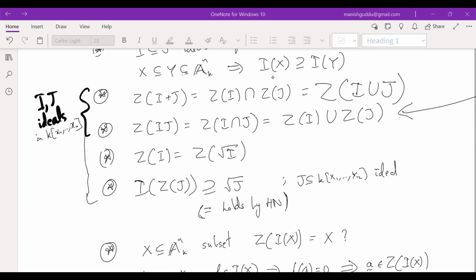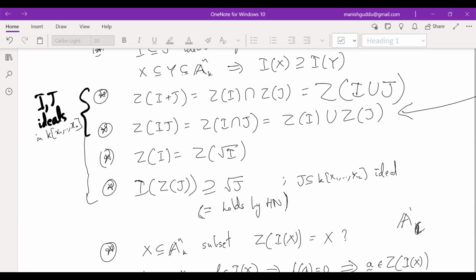Or in A1, if I take some interval, some infinite set in fact, then it won't work.